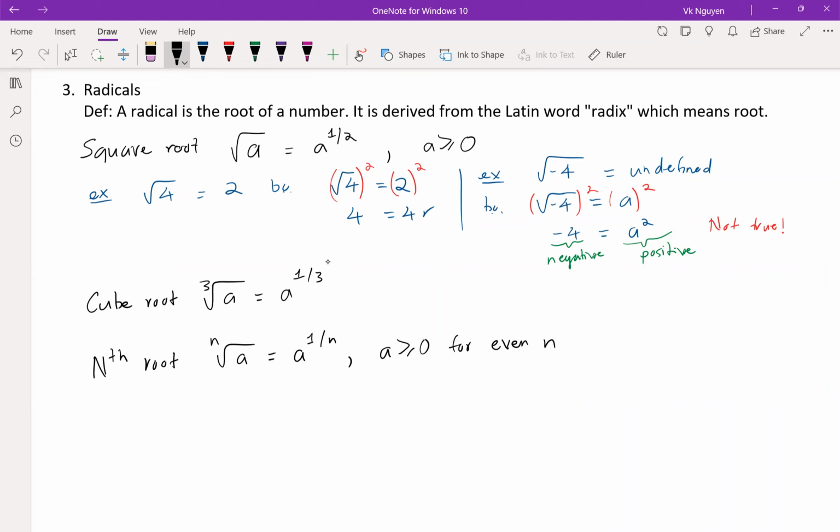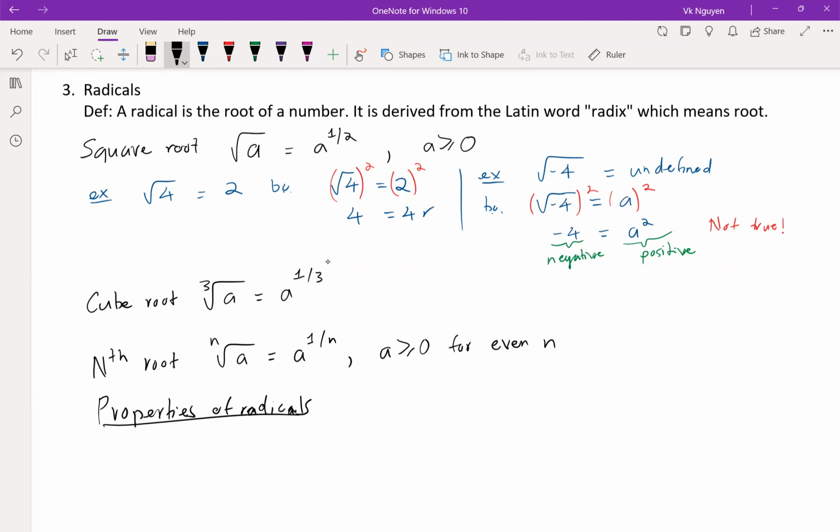Now, we need to evaluate radicals. In order to do that, we need to take a look at a few properties of radicals. Only a few.